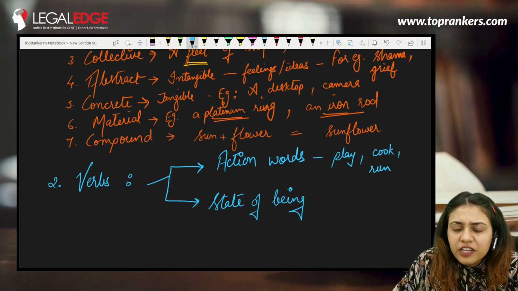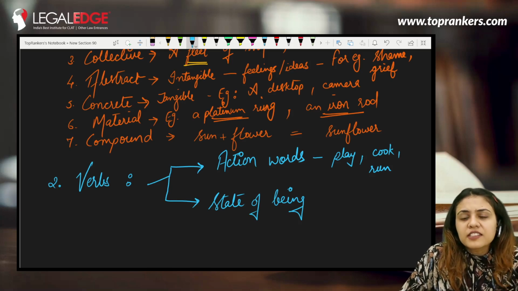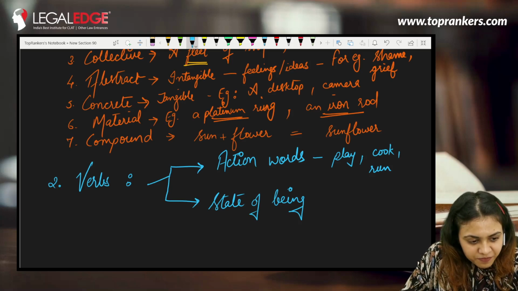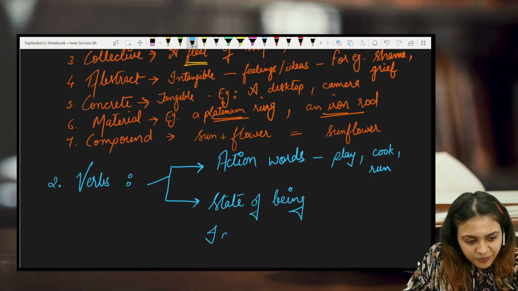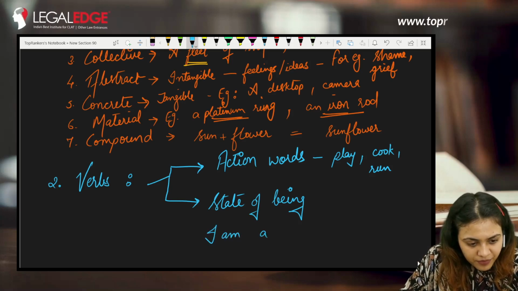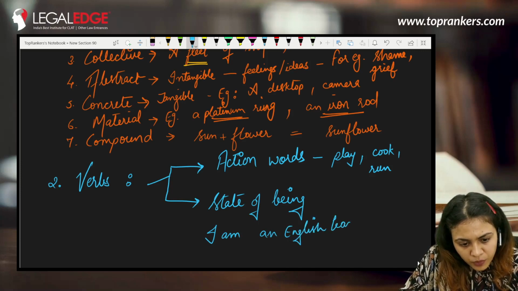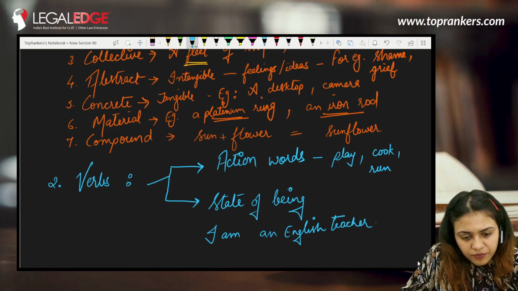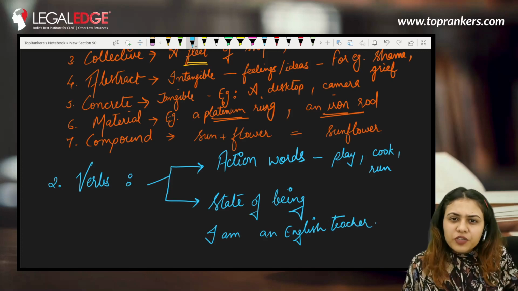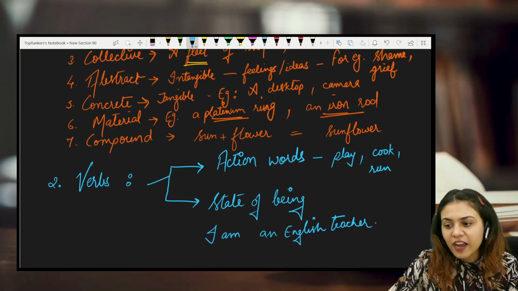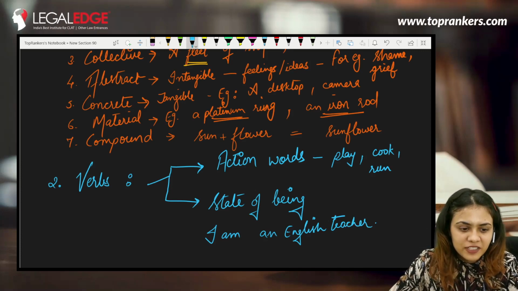But then what is state of being? There are certain words which tell you the state of something. Okay? For example, when I say I am an English teacher, can you tell me what the verb here is? Do you see any action happening? I'm just stating a fact about myself, right?